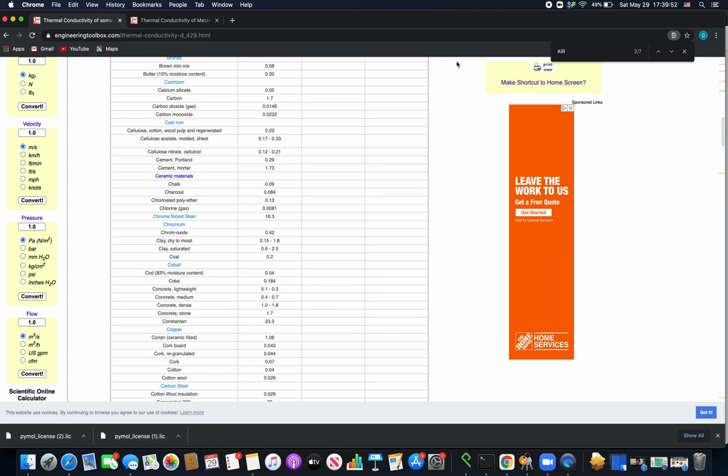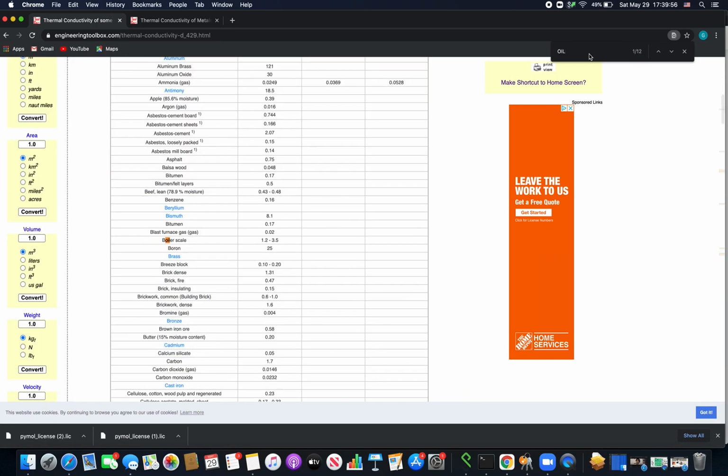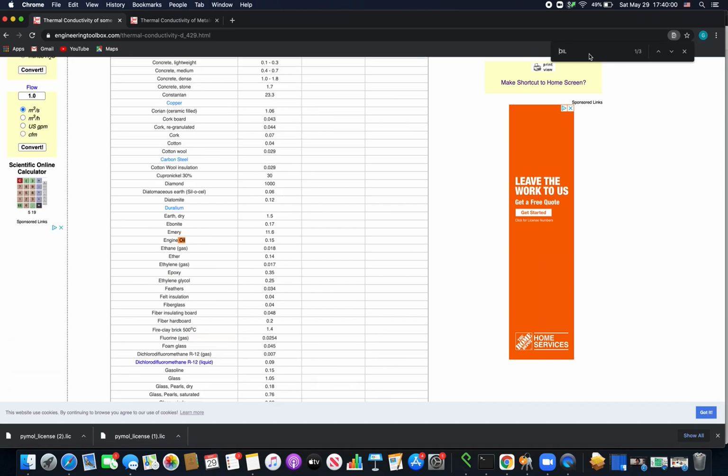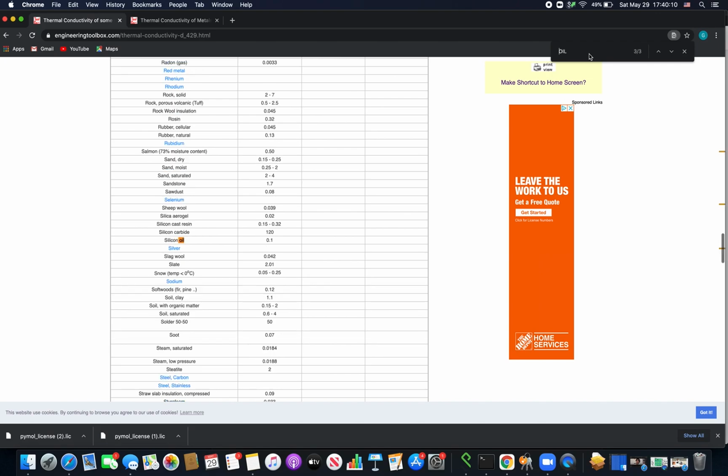Now let's go down to oil. There's going to be a bunch of different oils, and I'm getting all my numbers from Engineering Toolbox. Olive oil is 0.17, already about 10 times bigger. Silicone oil is about 5 times bigger.